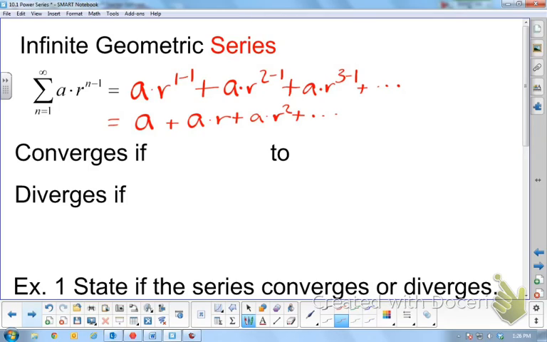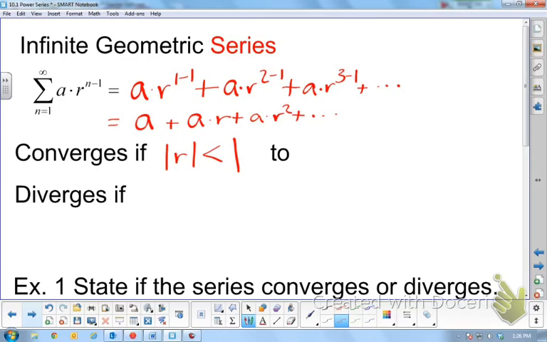So this series will converge, but only under certain conditions. It will only converge if the absolute value of r is less than 1. We're saying if that common ratio is between -1 and +1.